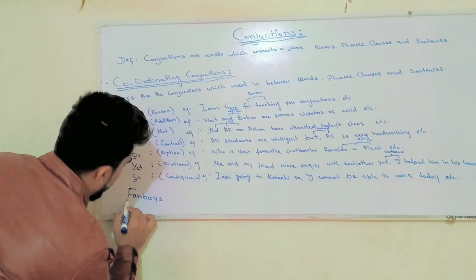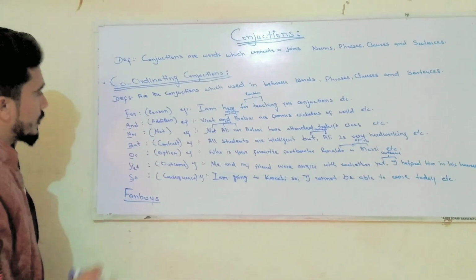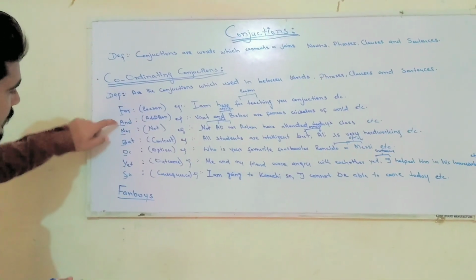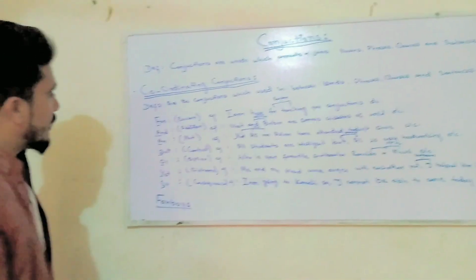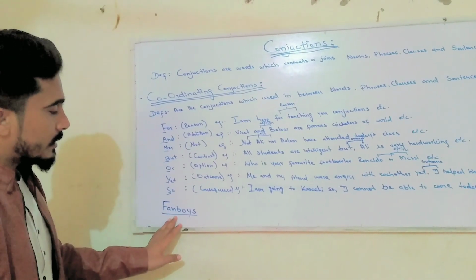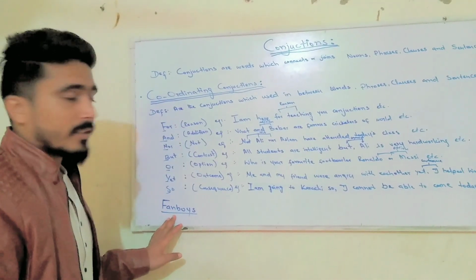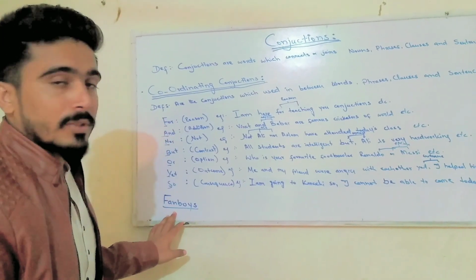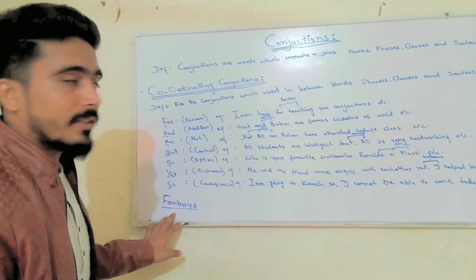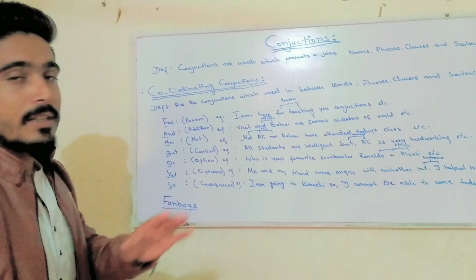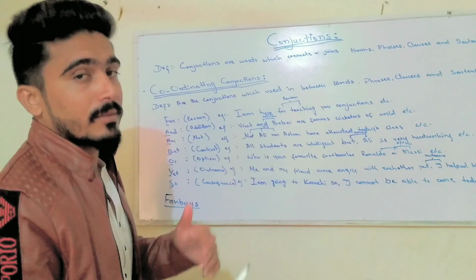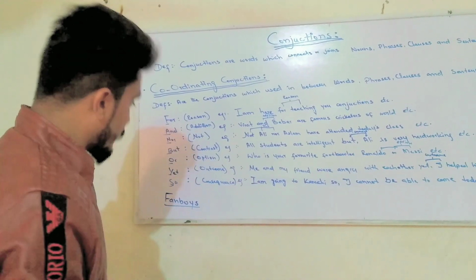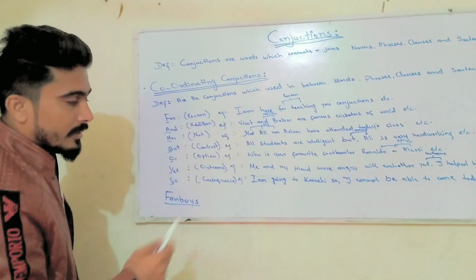So this is the word which we have made from these conjunctions. This is FANBOYS. Now you can easily memorize it through this word. When it comes to your mind, you can easily start remembering the coordinating conjunctions.